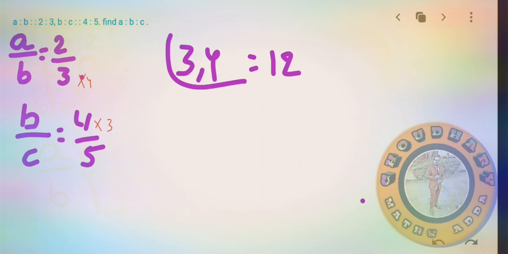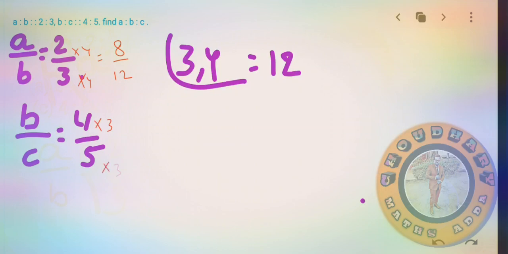So in the first ratio, if the denominator is multiplied by 4, then the numerator will also be multiplied by 4. Therefore A/B is equal to 8:12. Now in the second ratio, the numerator is multiplied by 3, so the denominator will also be multiplied by 3.